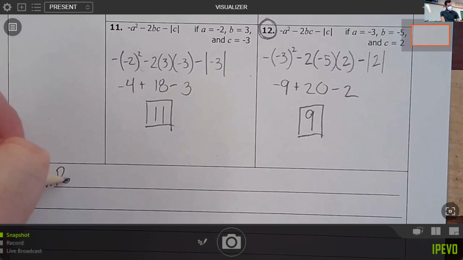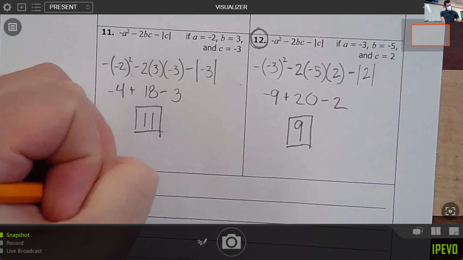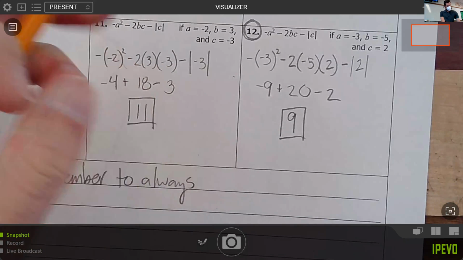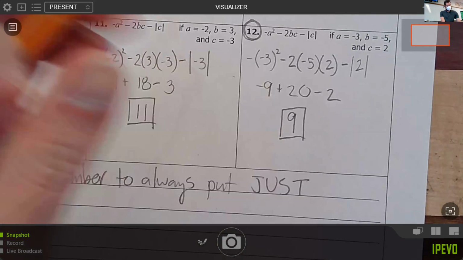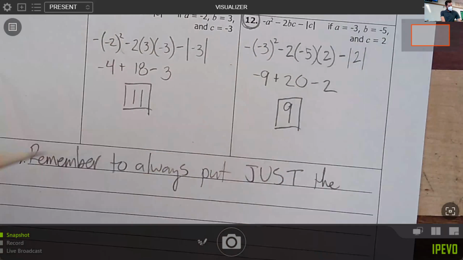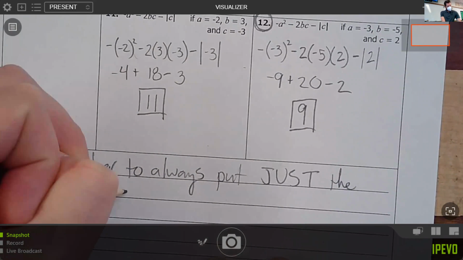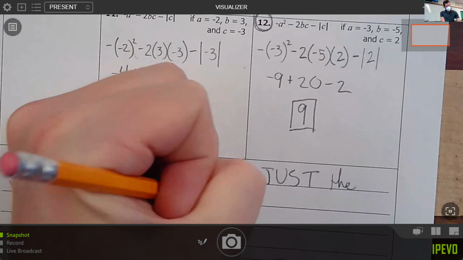Remember, to always put just the value of the variable in parentheses.